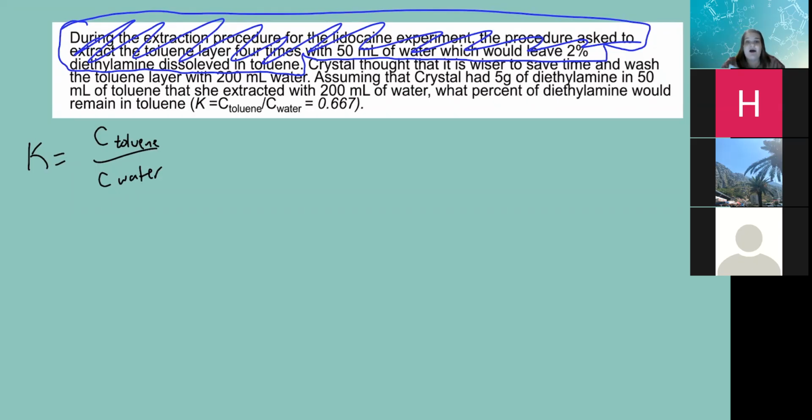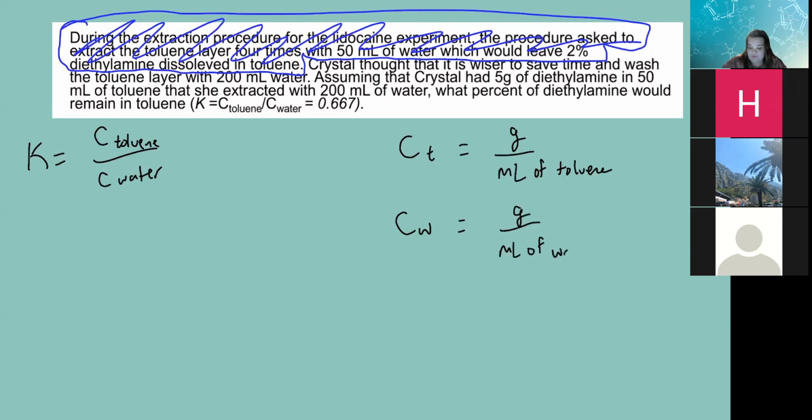The way you decide C of T, you do grams over mLs in toluene. Concentration of water is equal to grams all over mLs of water. That makes sense? That's the part they don't tell you. You have to figure it out for yourself.